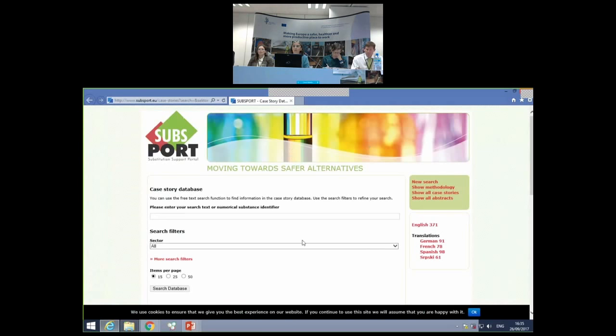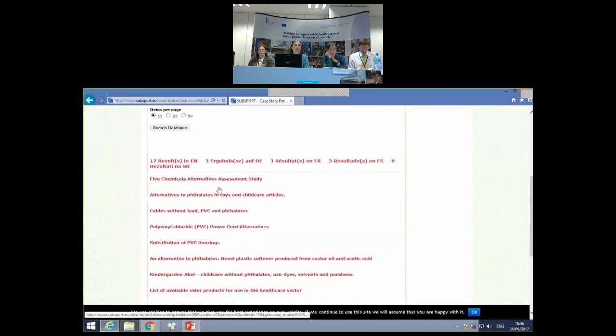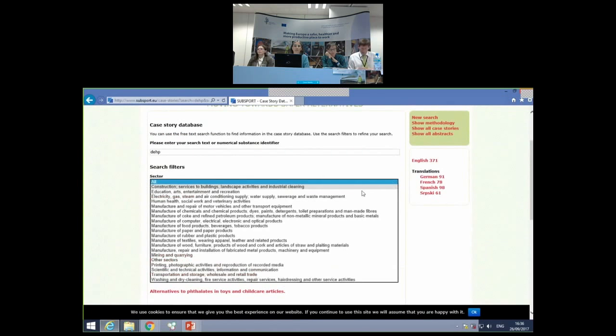So the core of the database is the case study database, and you can search by name, by CAS number. I'll put one of the NGO favorites, which is DHP, and then you can find results by chemical, or you can search also by sector.